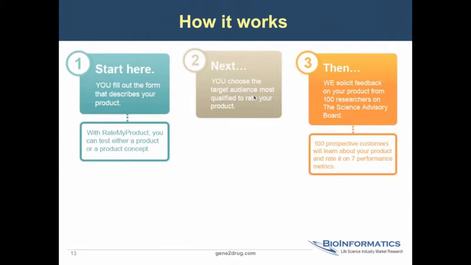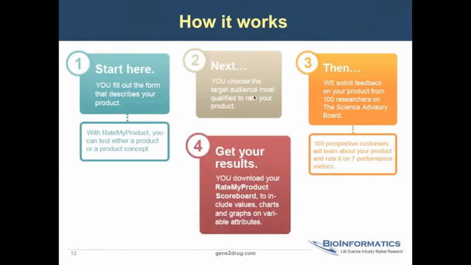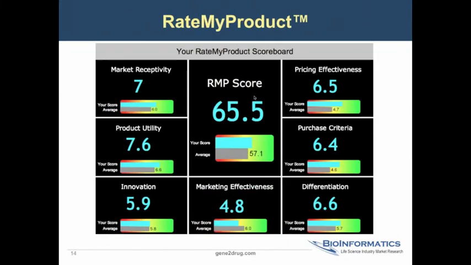Keep in mind that not only is your product being rated, these 100 researchers are also spending time giving your product consideration, which promotes awareness of your product and your brand. And the final step is, within 5 business days, you'll be alerted you can go online and view your Rate My Product results. So, what does your Rate My Product report look like?